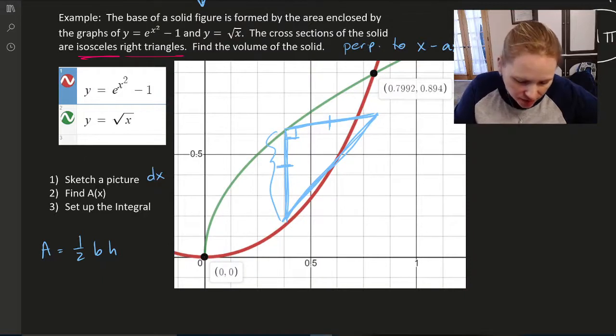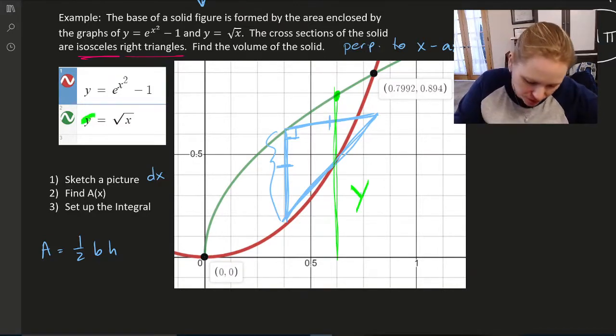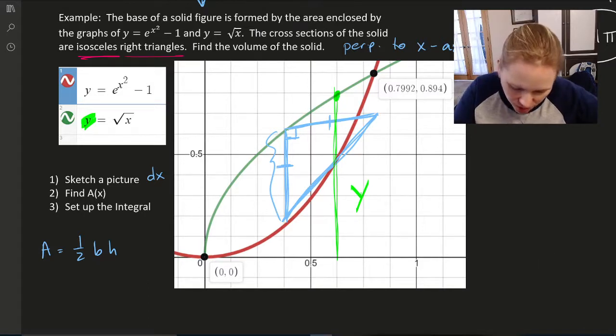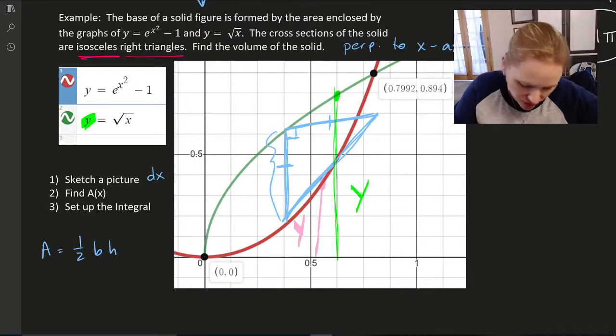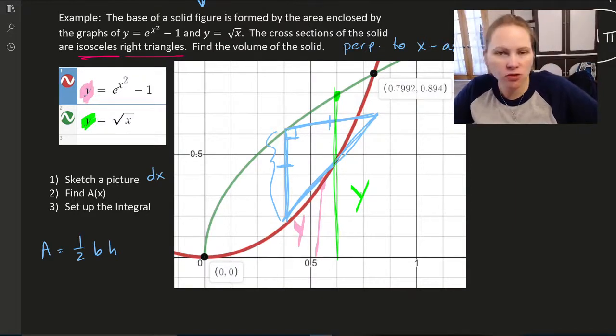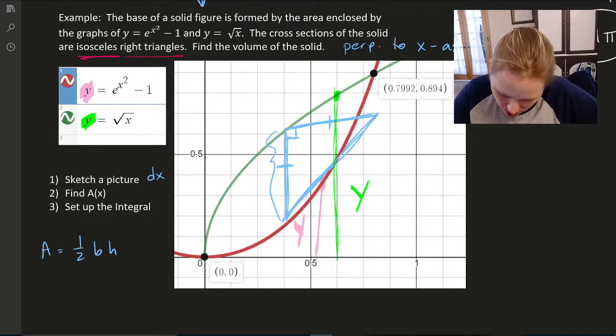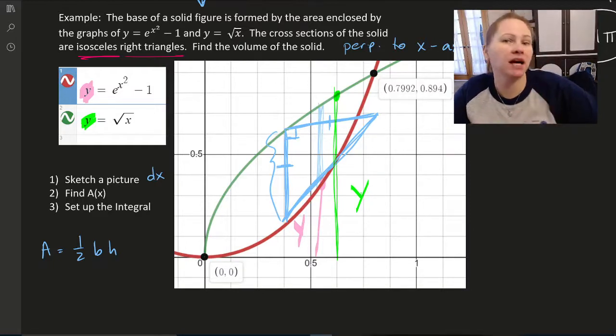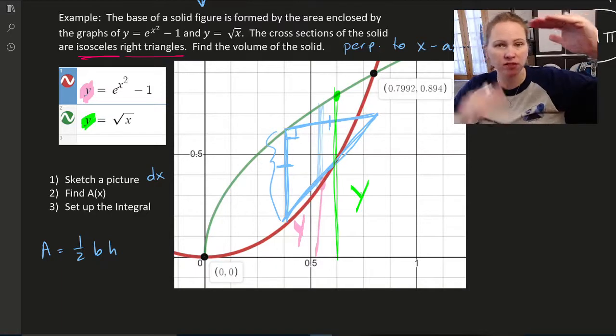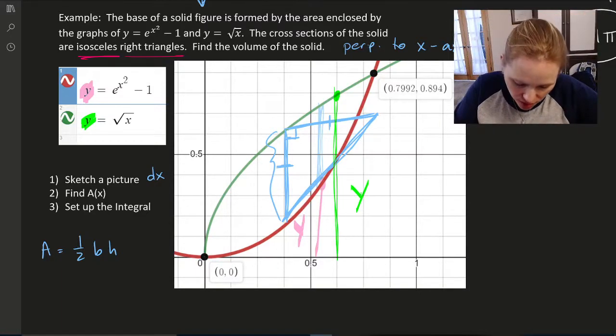The green y would be this distance, from the curve to the x-axis, and from the red curve to the x-axis is the red y, or the pink y. And so if you want what's left, if you want this distance here, you have to do a little bit of subtraction. You have to do the longer distance minus the pink distance. So the upper distance minus the lower distance. So here, the base of this triangle is going to be green y minus pink y, and let's go ahead and label some things.